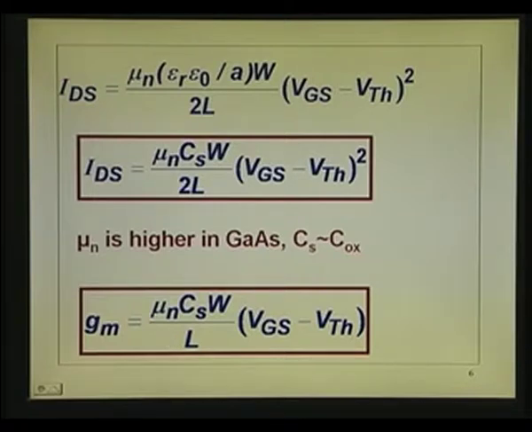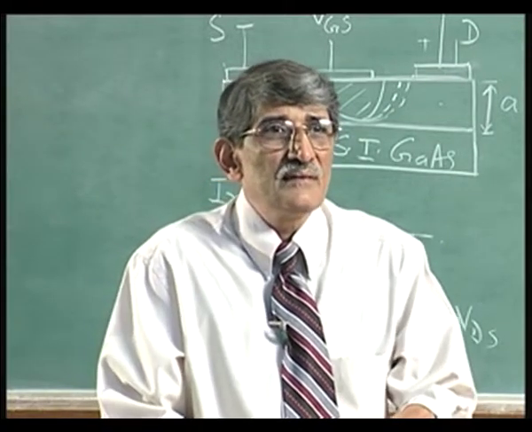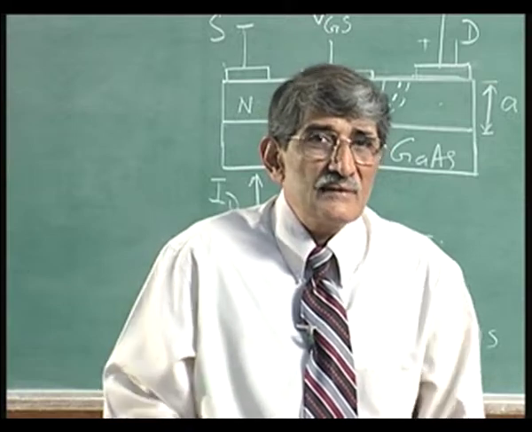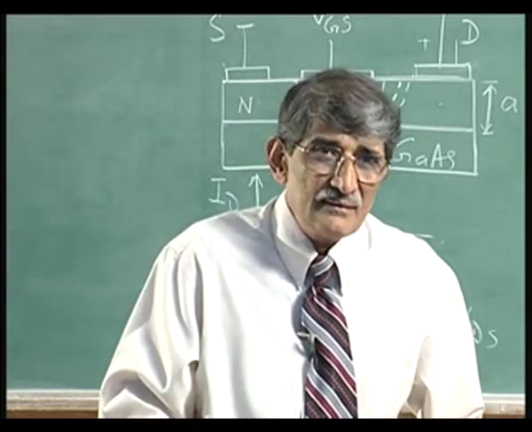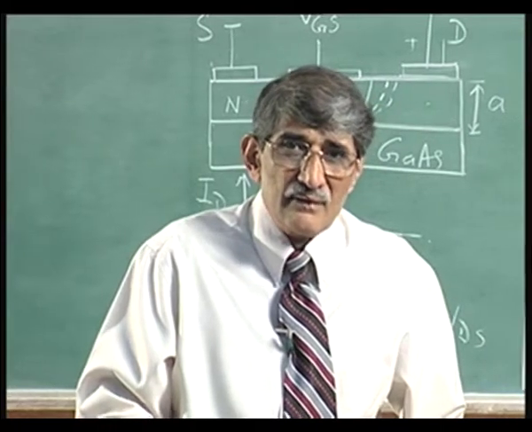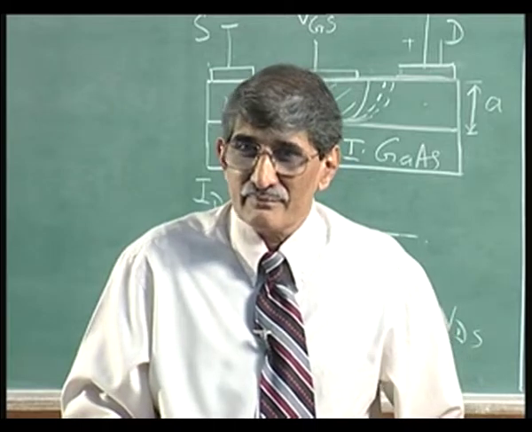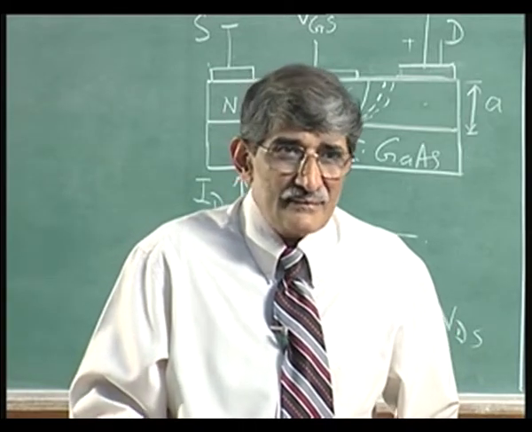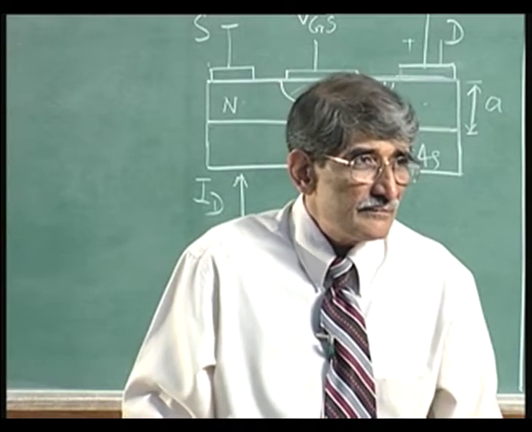The moment gm is larger, what is the implication of that? The driving capability of the device is better. That is delta ID by delta VGS. For a given change in voltage, the current change is larger. So, driving capability is better for a given size. When the driving capability is better, what is the implication of that? It can charge capacitors fast, because more current can be pumped in at a short time.